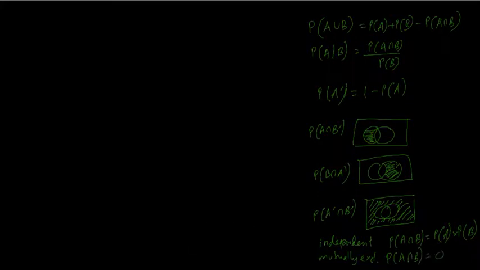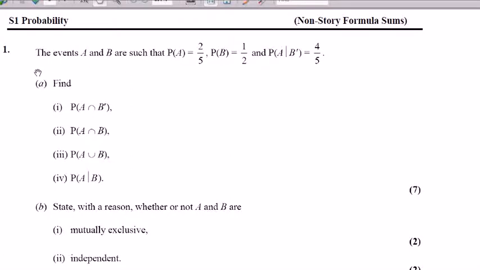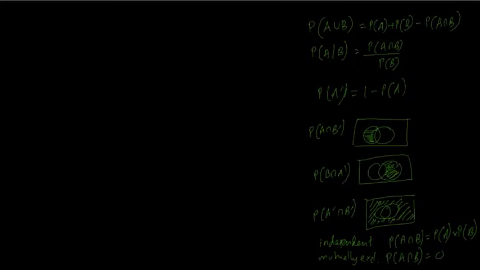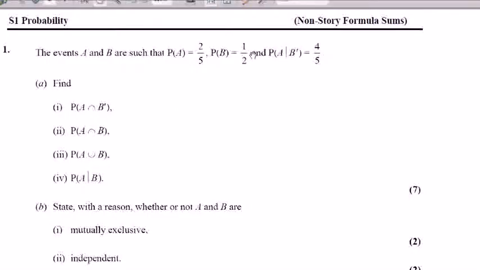So let's get started. The first question: given events A and B such that probability of A is 2 by 5, probability of B is 1 by 2, and the information given here is probability of A conditional B prime is 4 by 5.